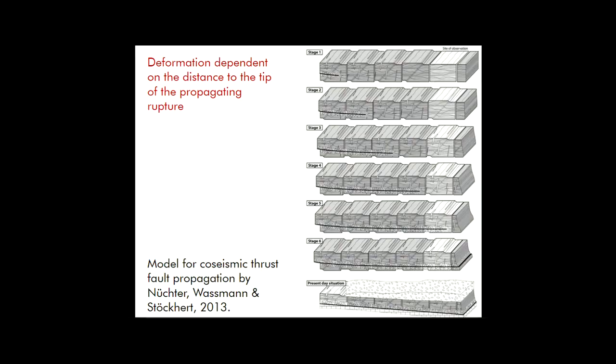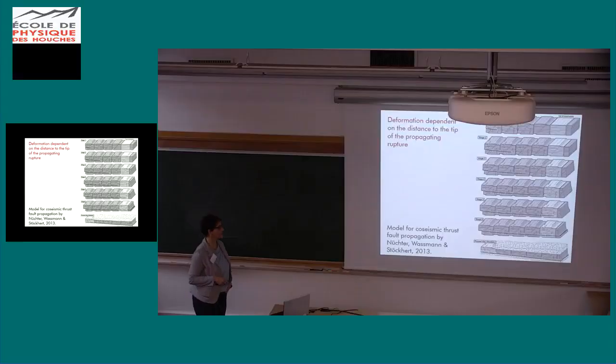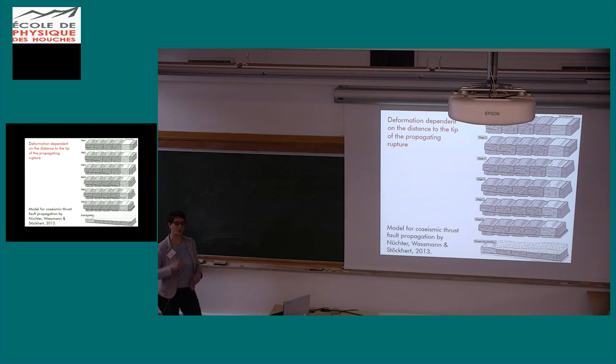And one other slide before I come to the DAV. This is a model of a thrust fault regime from Nüchter et al. 2013, and they show nicely that we are looking at one site of observation, so it's this record that we are looking at.